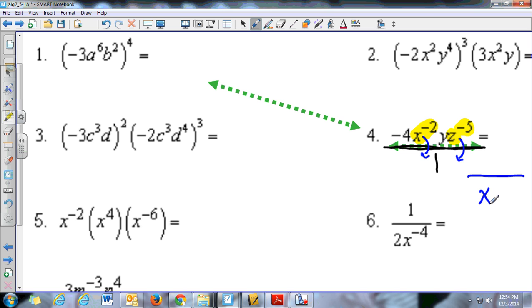X is moving down, the z is moving down. So my x to the negative second now becomes x squared. Z to the negative fifth now becomes z to the positive fifth power. So what's left over to be in my numerator? Well, I still have my negative 4, and I still have my y. And so that ends up being my final answer. All my exponents are positive, and that's a good thing.